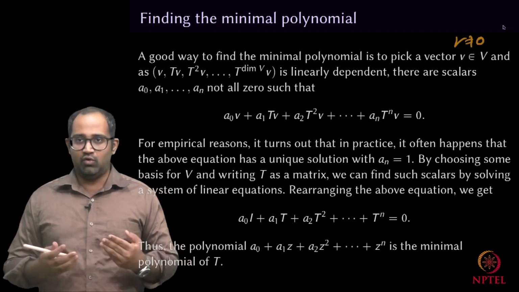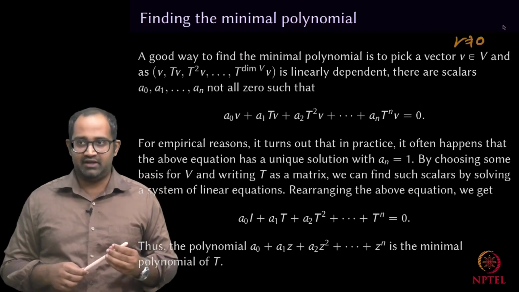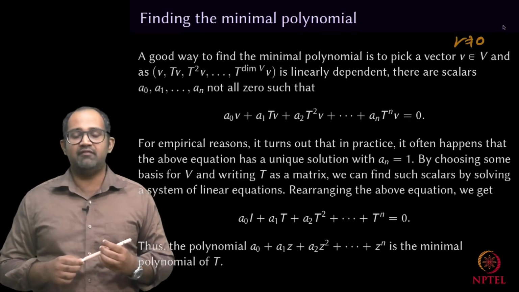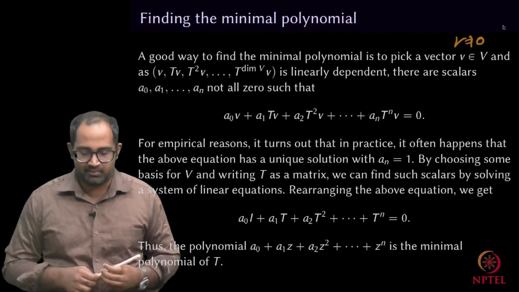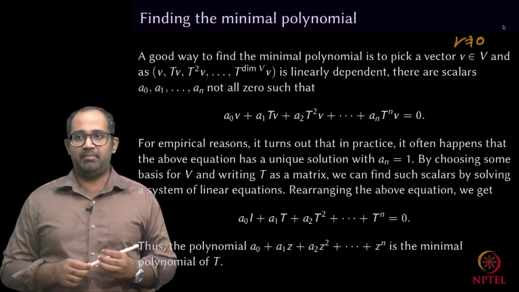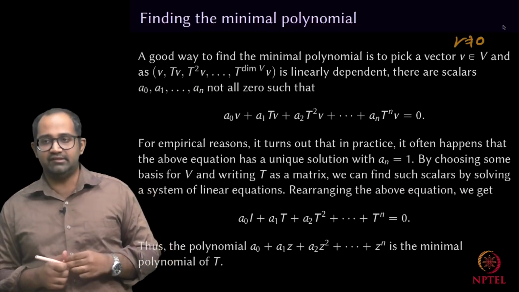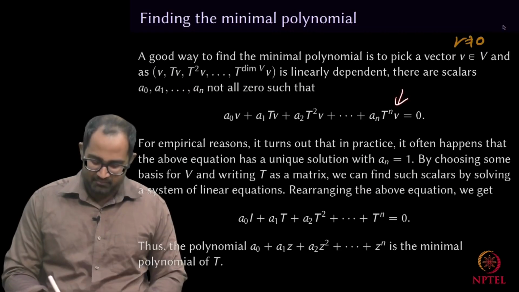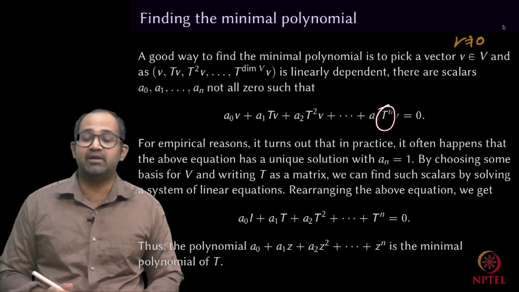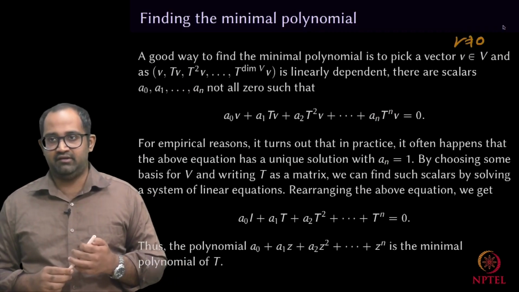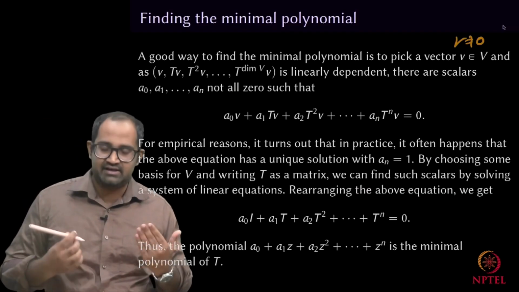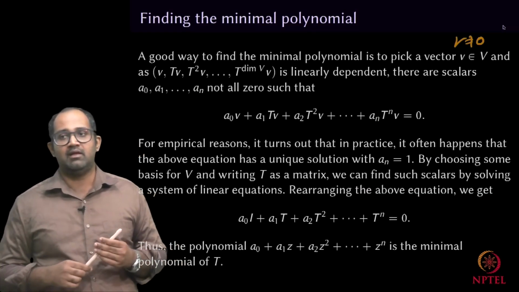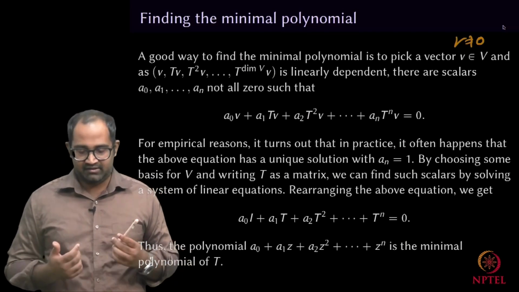Now once you know that the minimal polynomial is of degree n, you can reverse engineer and find out the minimal polynomial. How do you do that? You fix a basis. Once you fix a basis, v becomes just a column matrix, T to the power n just becomes an n cross n matrix. So does T squared and so on, they all become n cross n matrices.